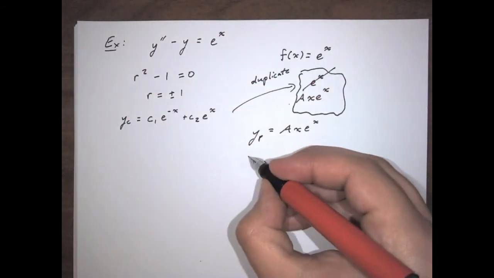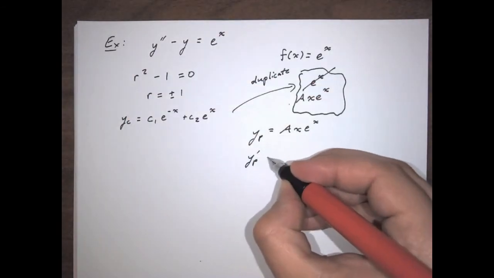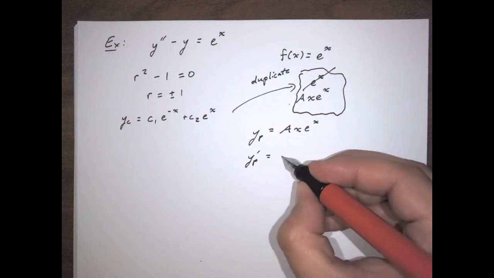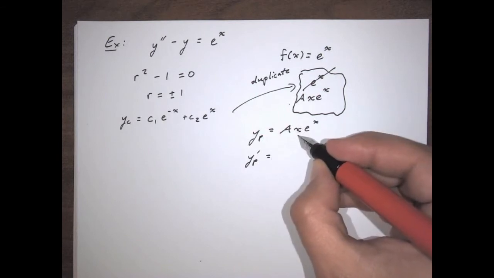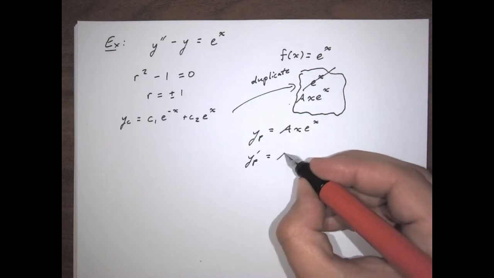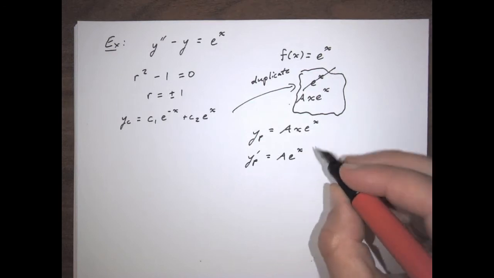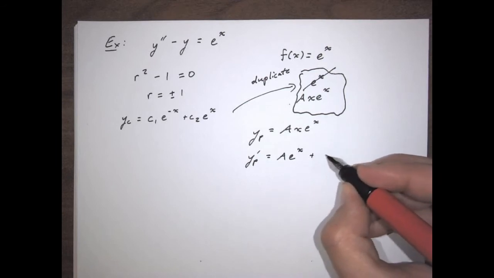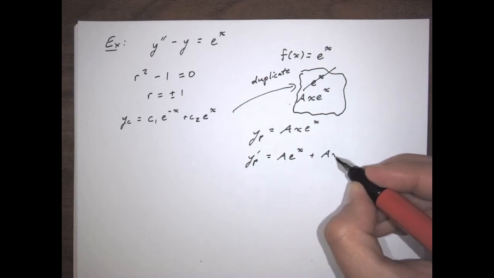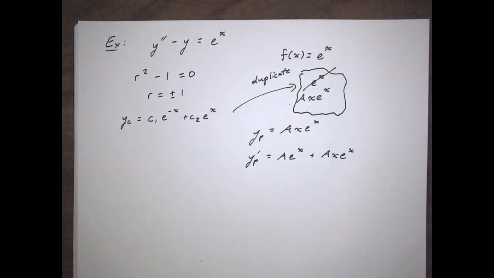Now here, we're going to need the second derivative, so we have to take the derivative and then again the derivative. So we take the derivative, it's going to be a product, so we use the product rule, and that's going to be a e to the x plus a x e to the x.